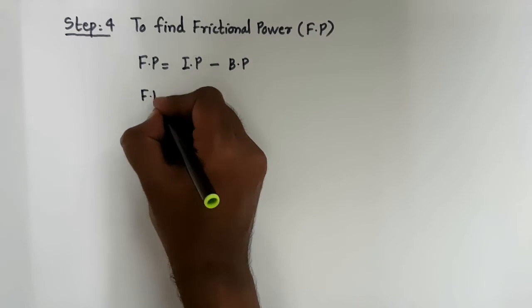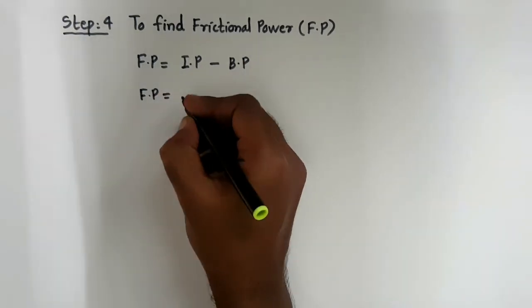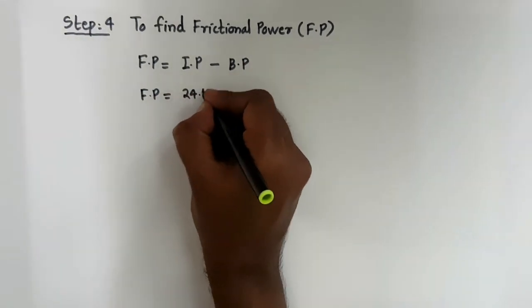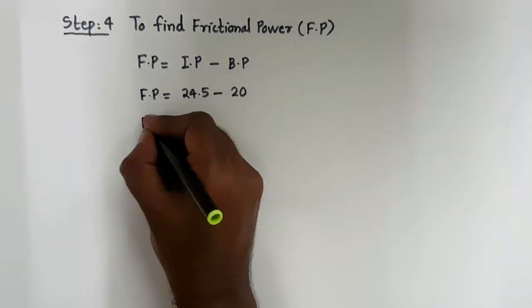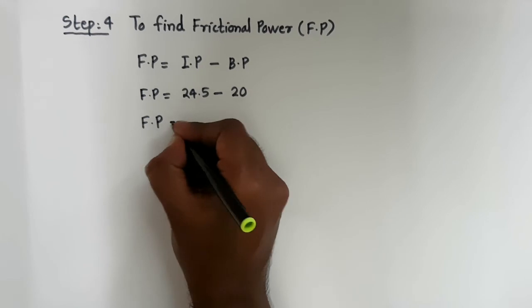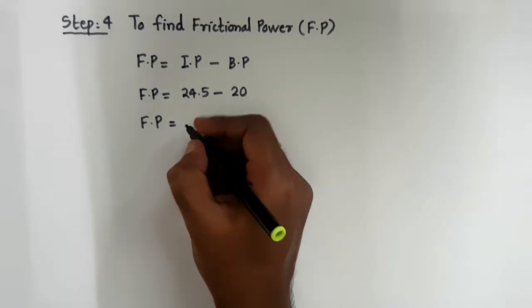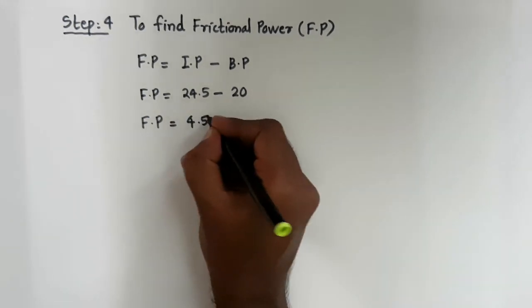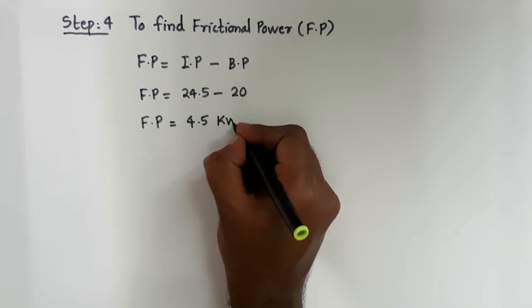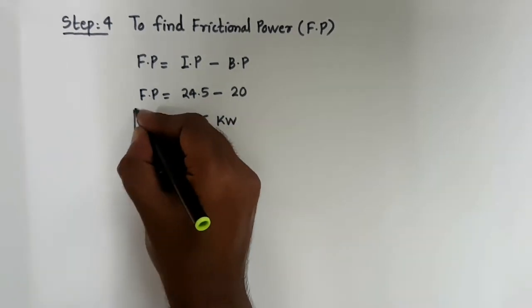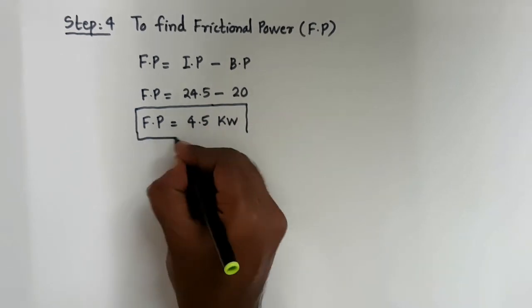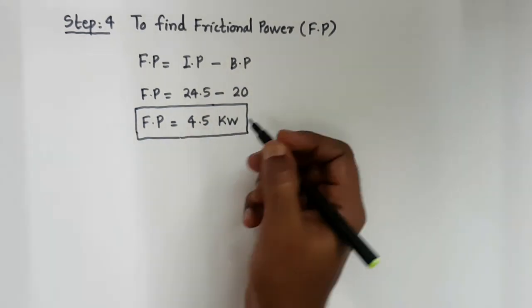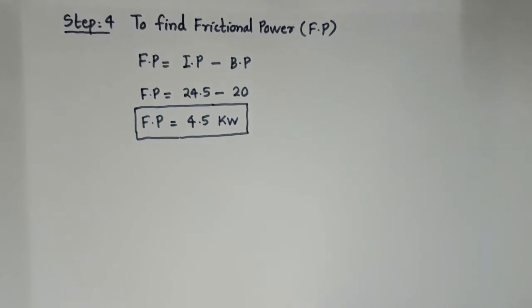So we have both values: 24.5 minus 20. So friction power, after this calculation, we got 4.5 kilowatt. This is the required answer.